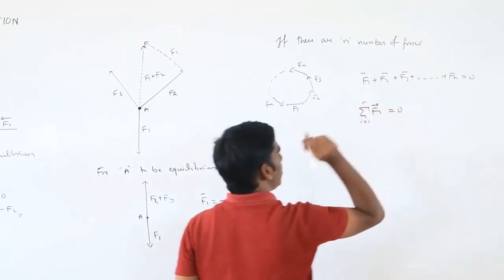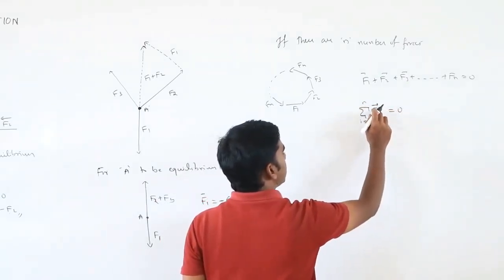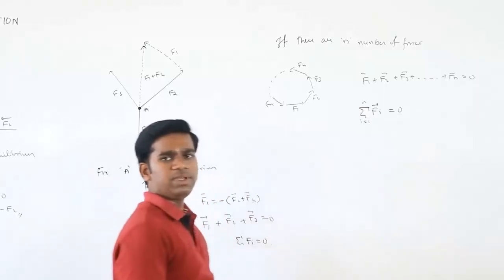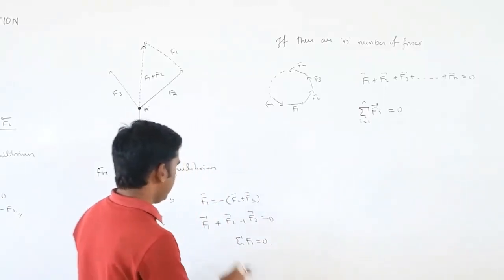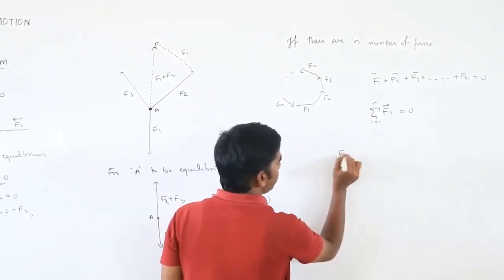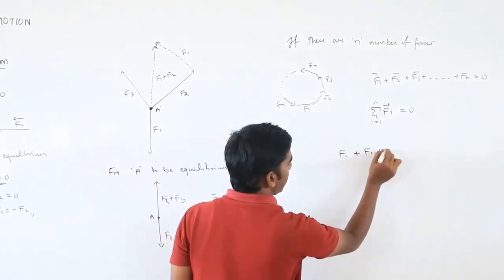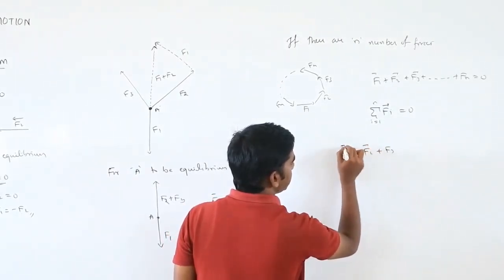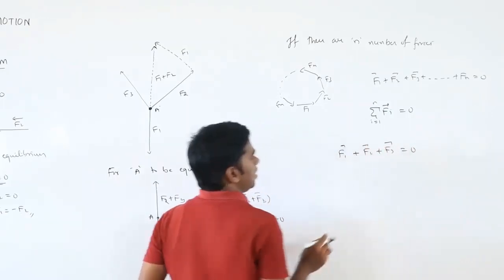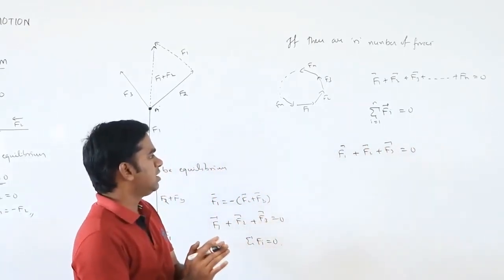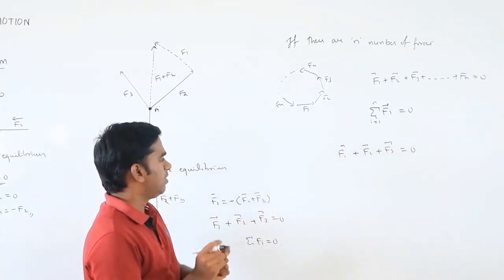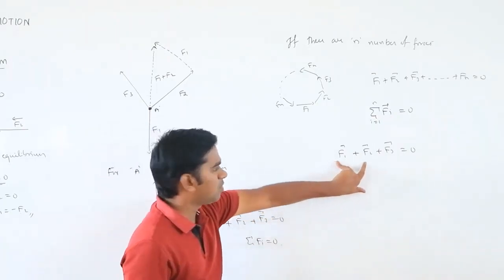That means the vector sum of all the F's should be equal to 0. And this means F1 plus F2 plus F3 equals 0. It also gives another very important equation: their components also should sum to 0.